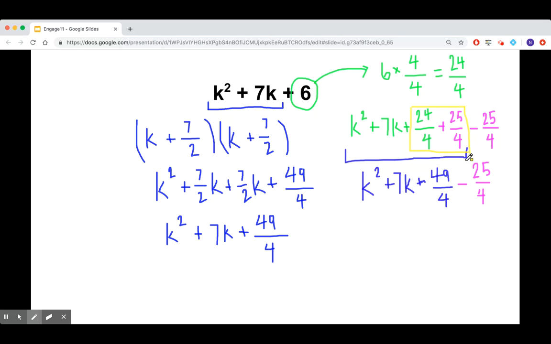But I don't want to subtract this 25 over 4 because I would end up just where I started with 24 over 4. And I need this 49 over 4 as a constant so that I can use my perfect square. We'll pause there. I'm going to ask you guys to finish this problem as one of your questions for classwork today.